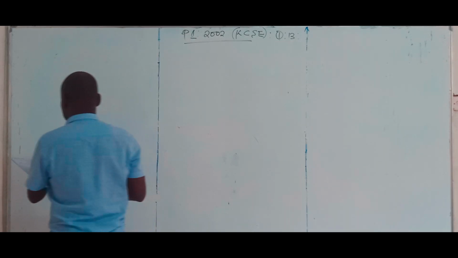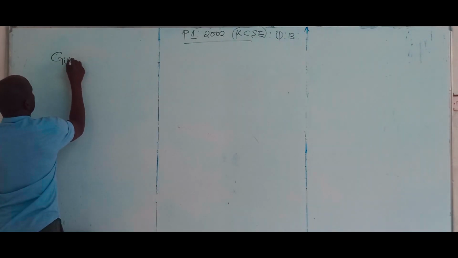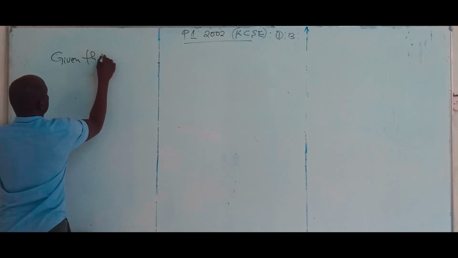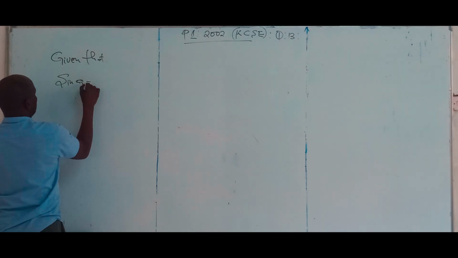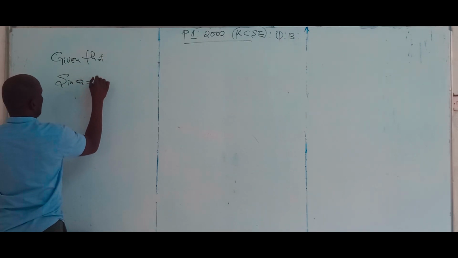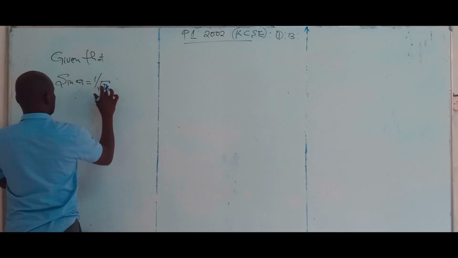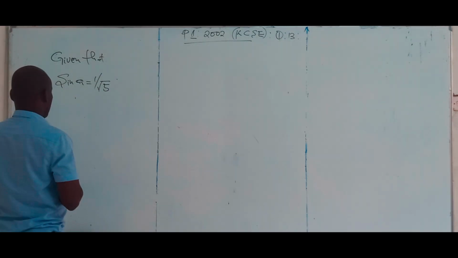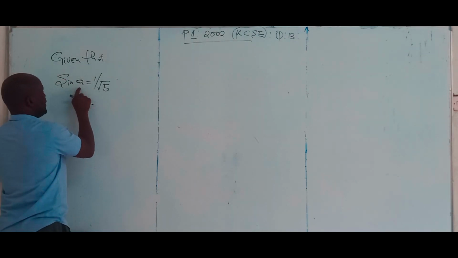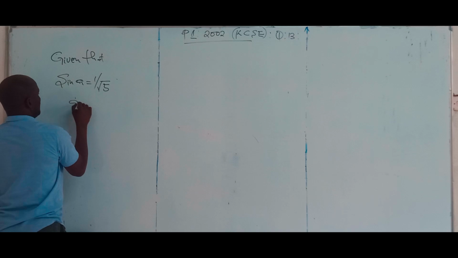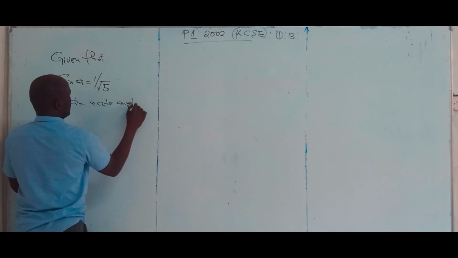We are told, given that sin of A is equal to 1 over root 5, where A is an acute angle.